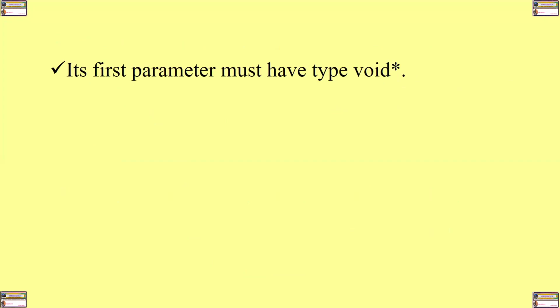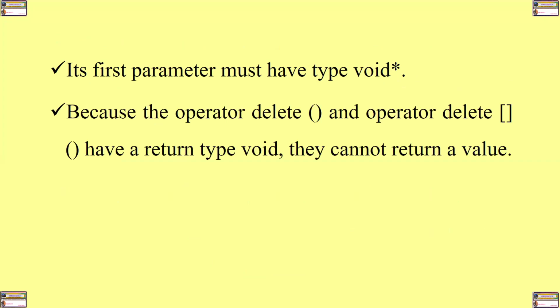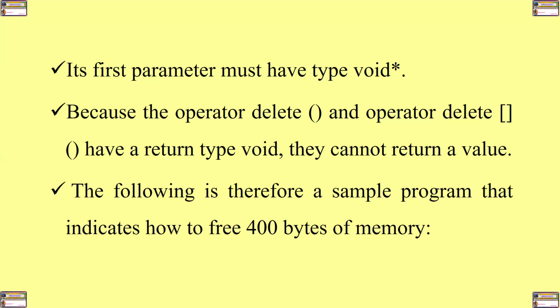Its first parameter must have type void pointer, because the operator delete function and the operator delete for an array structure have a return type void. They cannot return a value. The following is therefore a sample program that indicates how to free 400 bytes of memory.